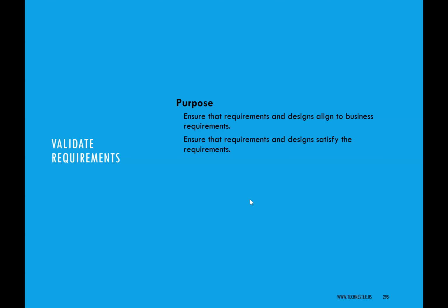Then validate requirement is where you take that model to the stakeholders to say, does this align with what you have in mind? Because stakeholders, let's say, they don't care what model you use or whatever. They just want to know that you understand their problem and you are going to communicate the right problem to the developers that will solve it.